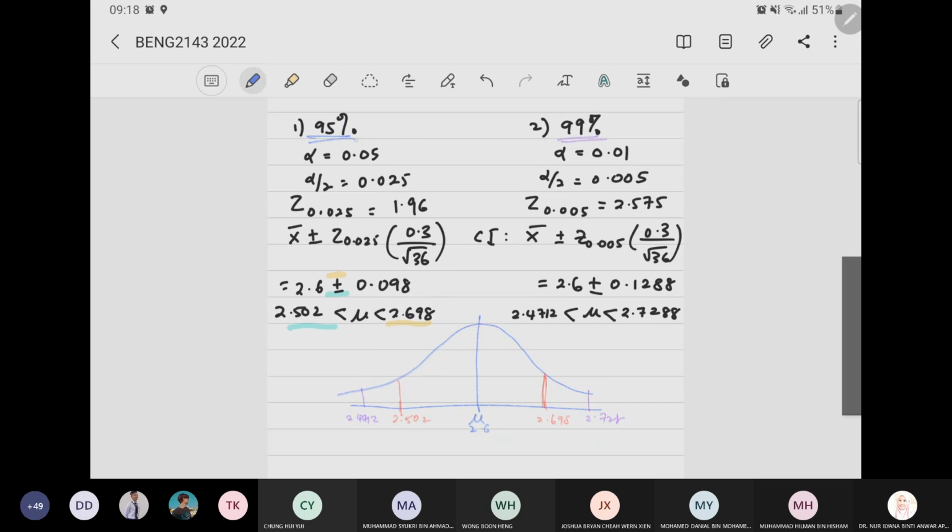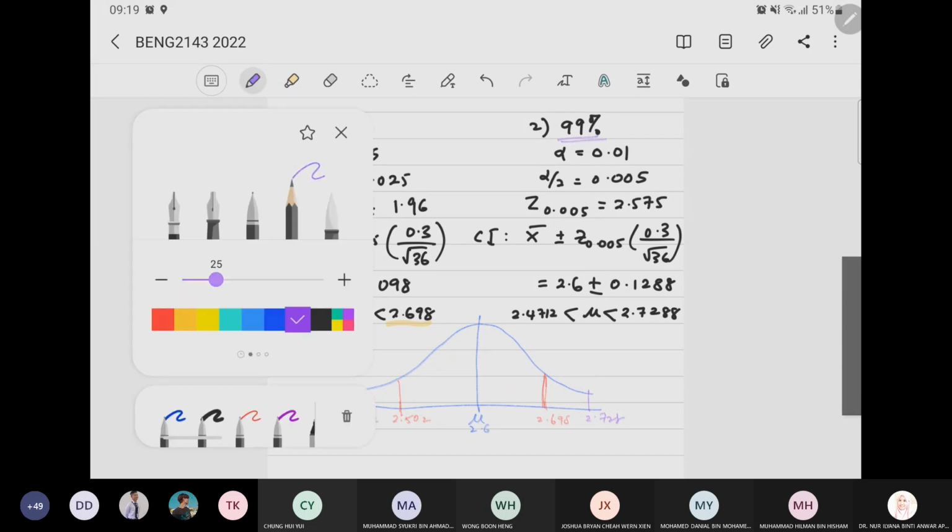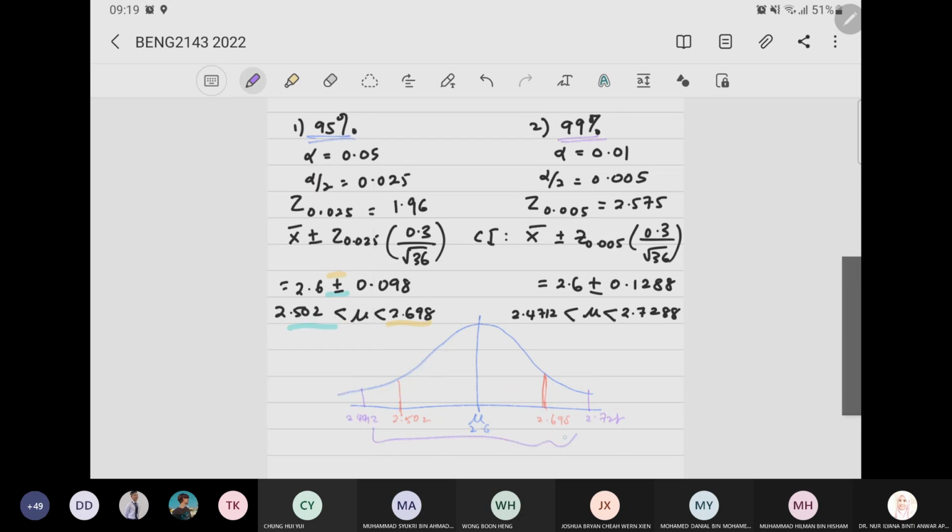So indirectly, you are trying to say that I am 95% confident that the interval for the mean of 2.6 is between 2.502 up to 2.698, for 95%.